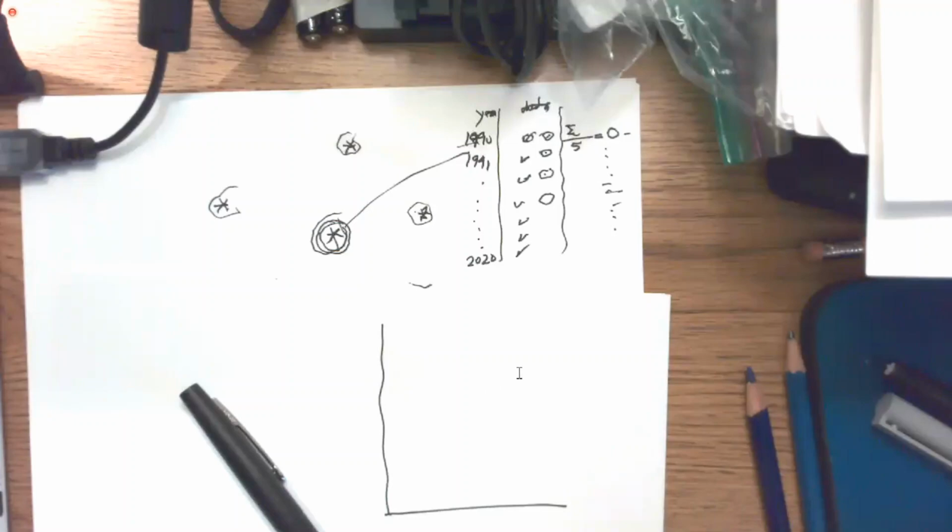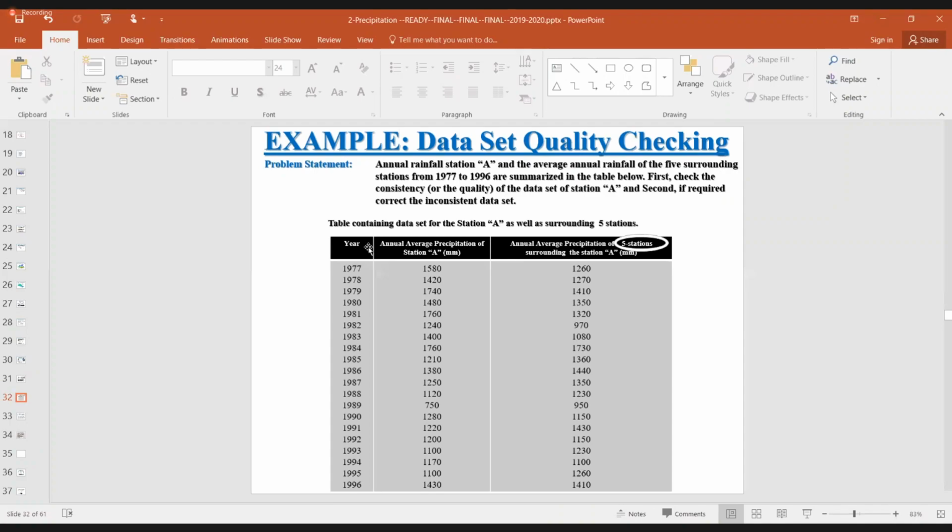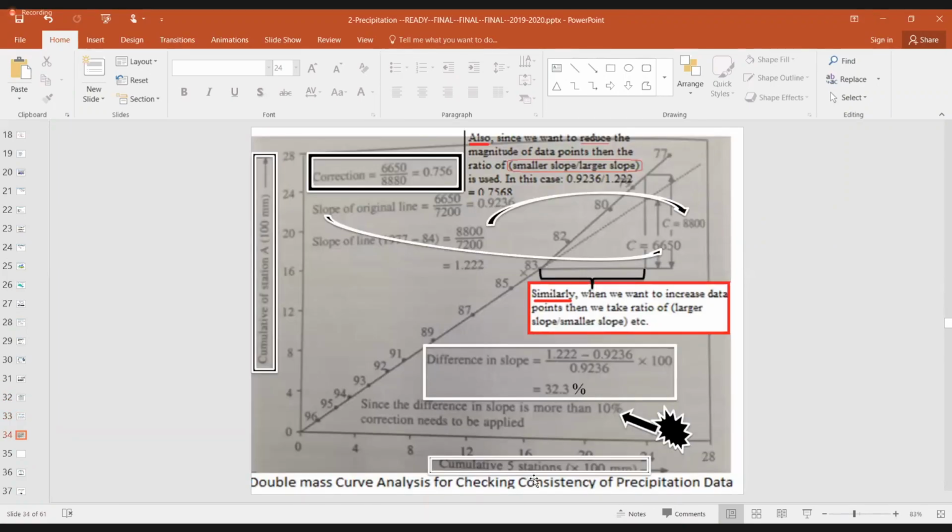So the data is being plotted. I just want to see that. So the 5 stations are on the x-axis and the data set we are checking is on the y-axis. So we are plotting the data set. Let's try to do it this way.